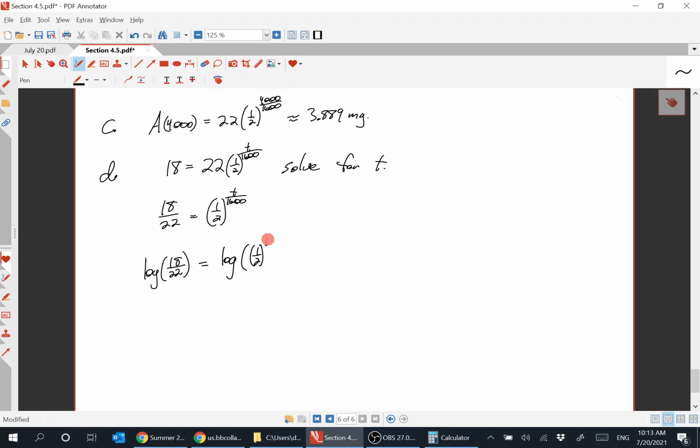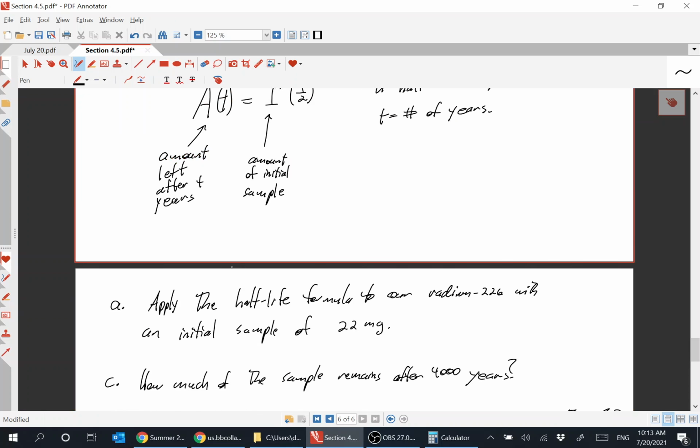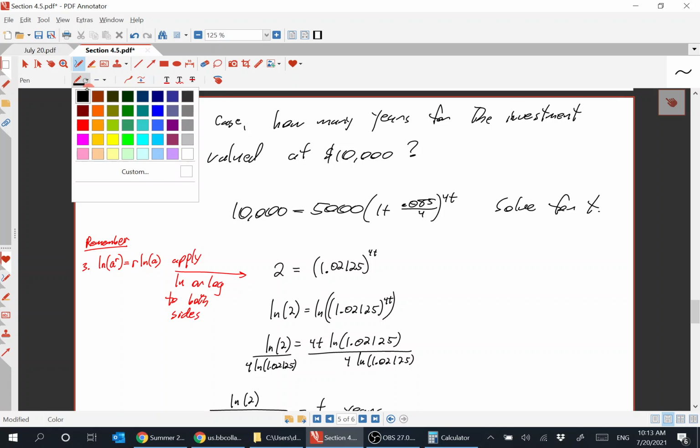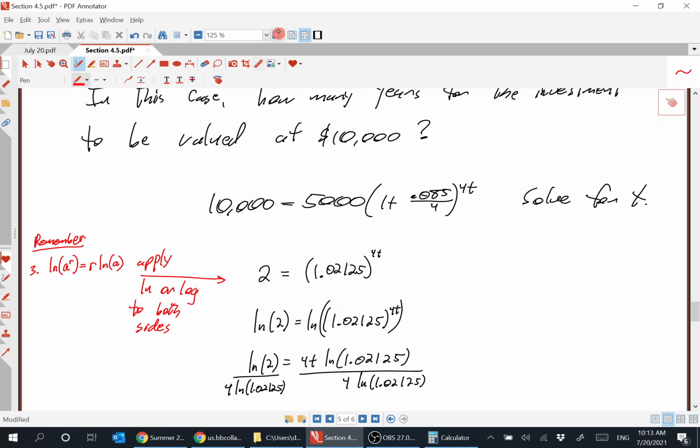So 1/2 to the t over 1600. The exponent t over 1600, the exponent inside the log, comes out as a coefficient. It's again applying this: the natural log of a to the r is r times the natural log of a.